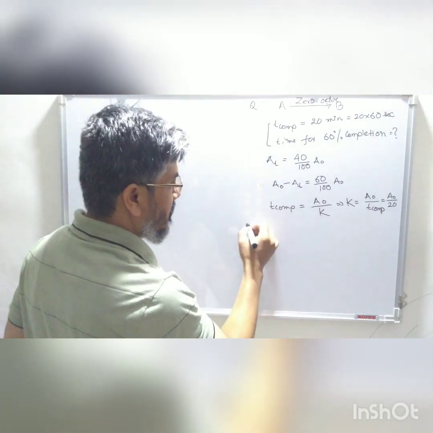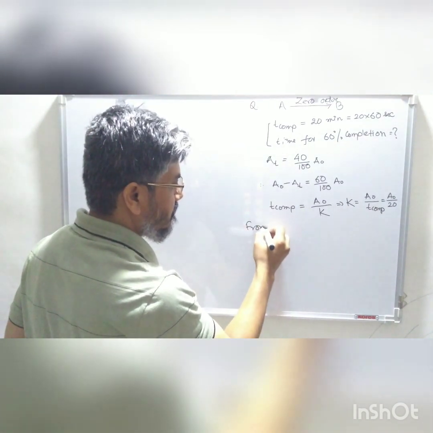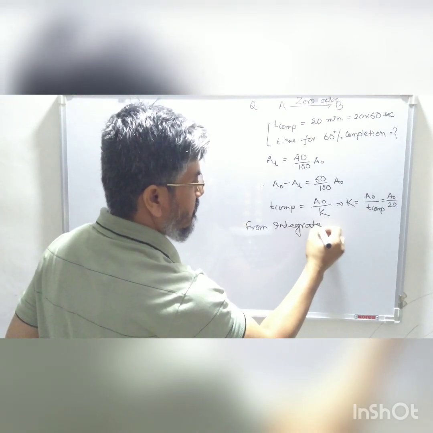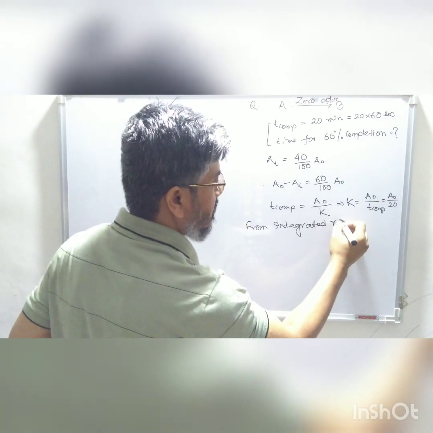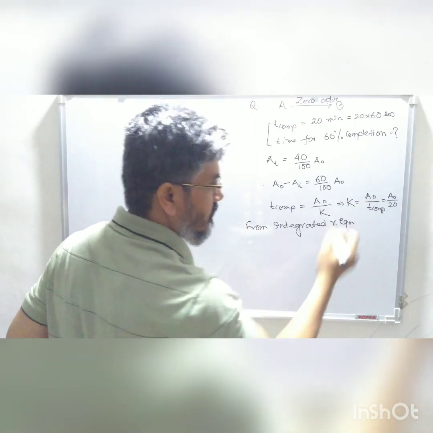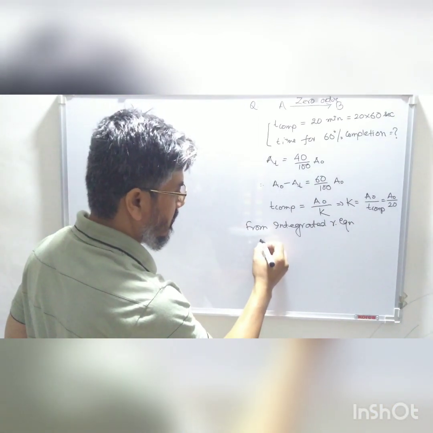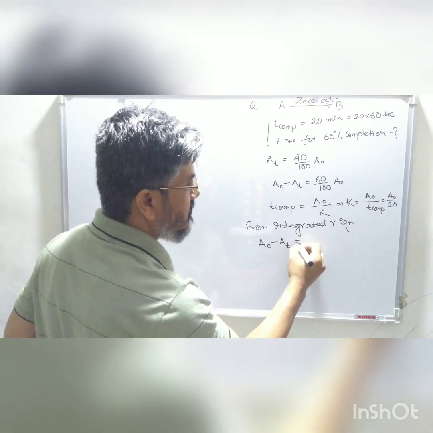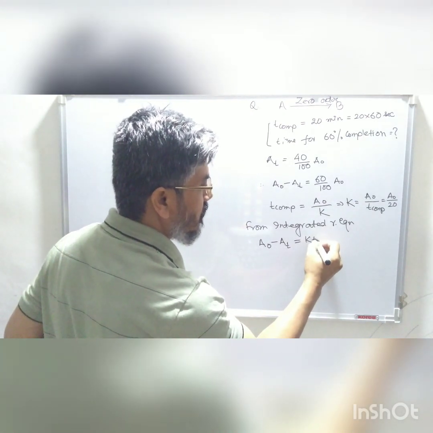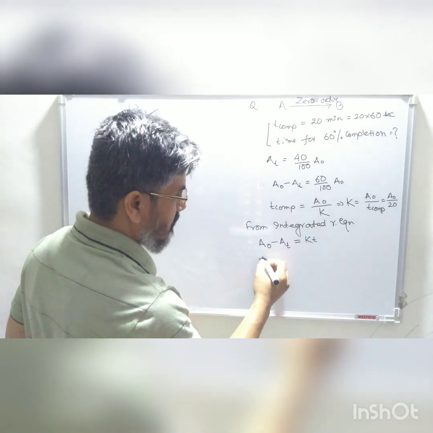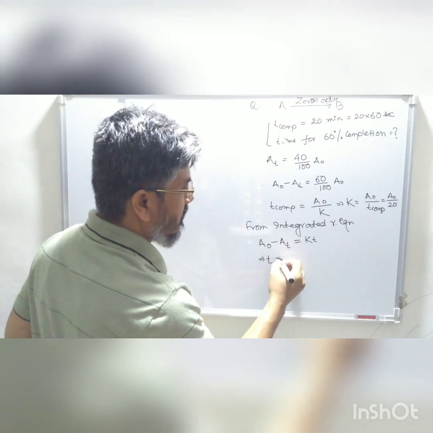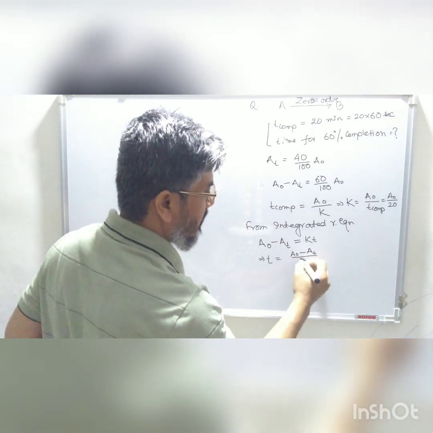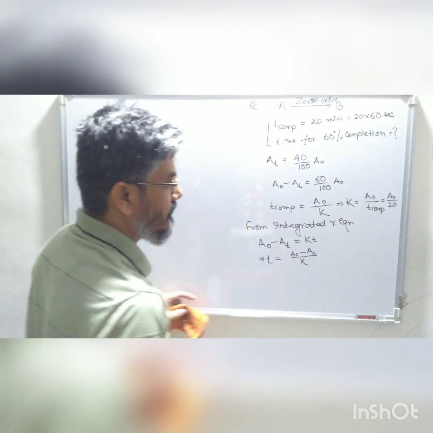So from the integrated rate equation for a zero order reaction we have A naught minus At equals K into t. Therefore, t equals A naught minus At divided by K.